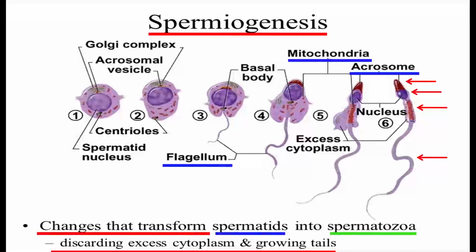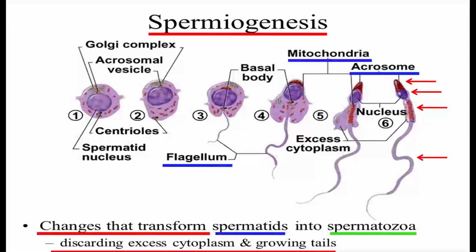Then when you look at figure 6, it is showing the final shape of the sperm. You can find the upper arrow pointing at the acrosome. The lower one is the head and the nucleus. Then the third one is the second piece, which is a stack of mitochondria with little cytoplasm, and then the flagellum.